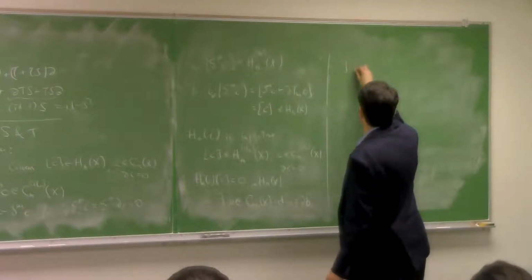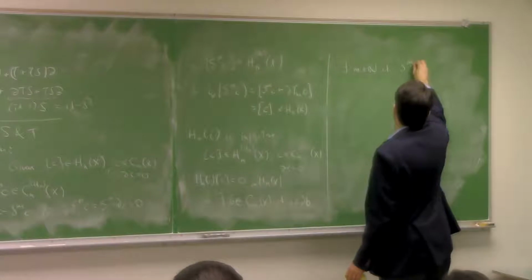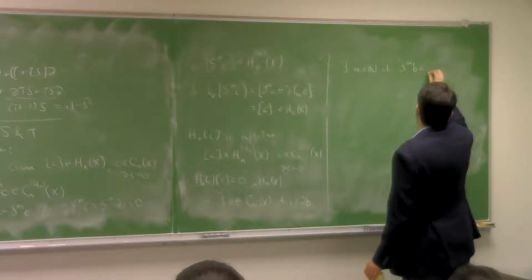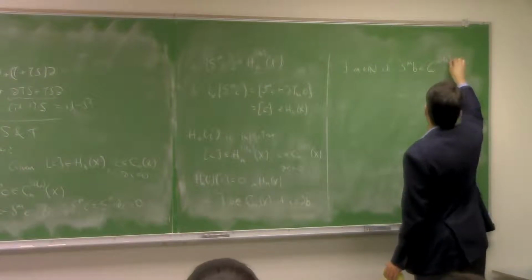So again, there exists some M such that SmB is a chain corresponding to the cover.